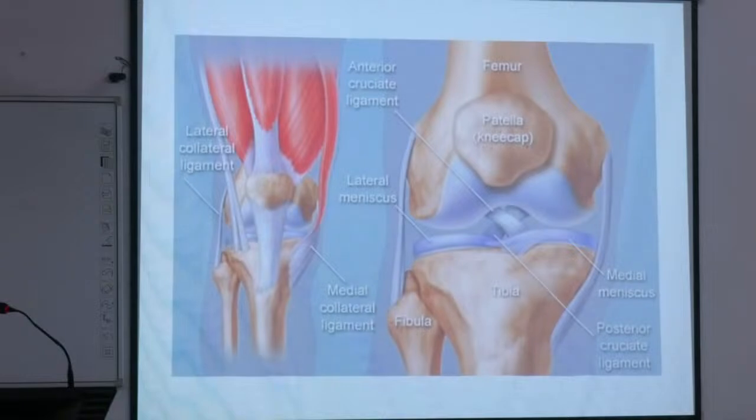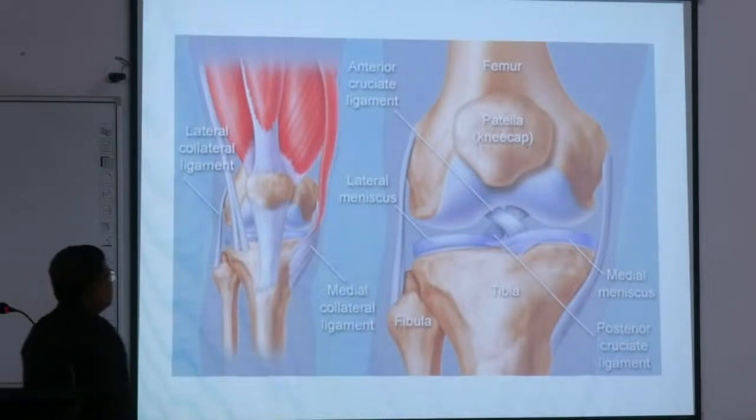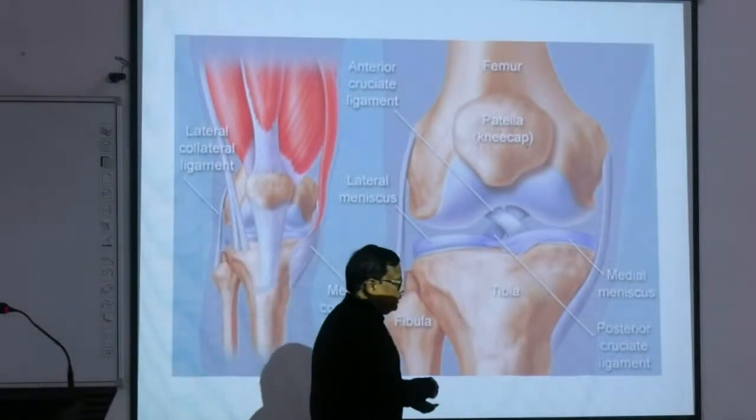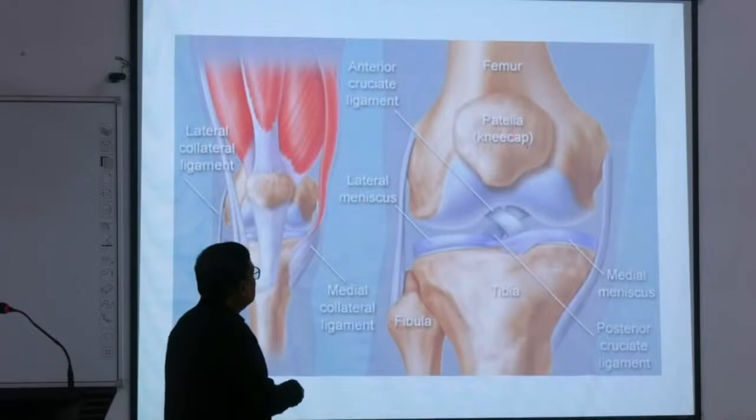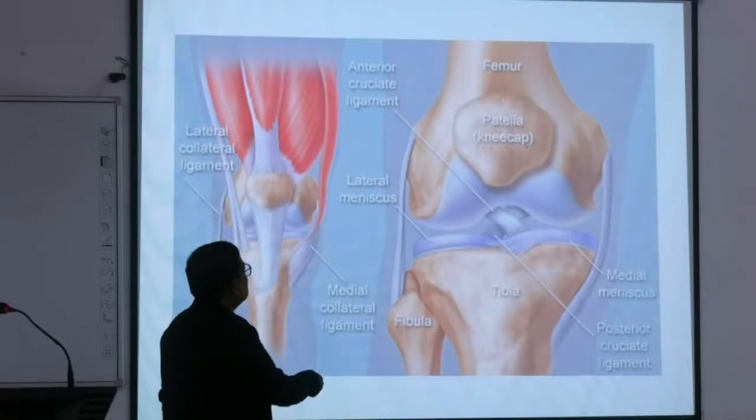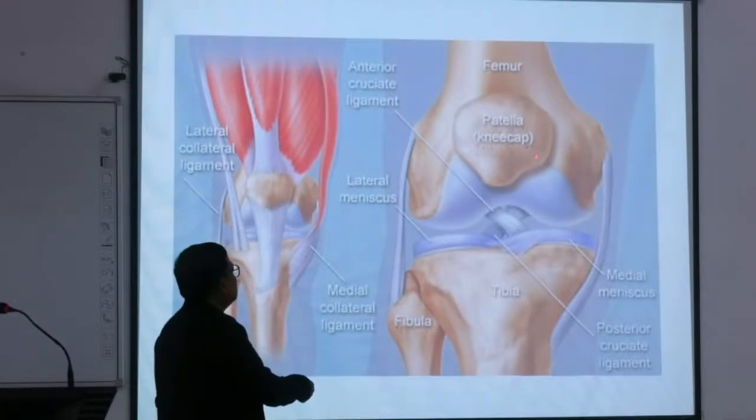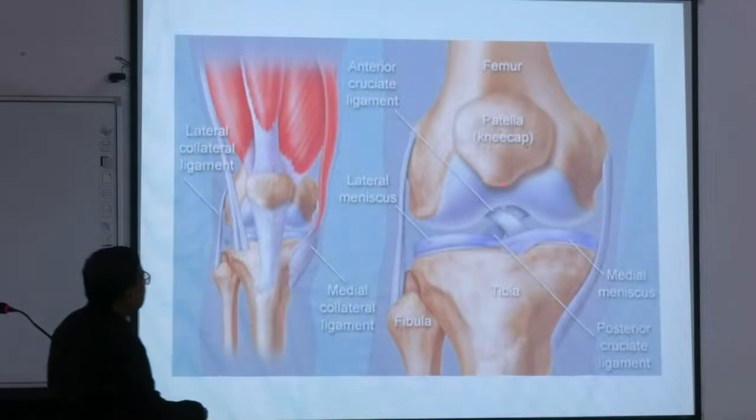These are the condyles of the femur: medial condyle and lateral condyle of the femur, this whole part. This is the medial condyle of the tibia, lateral condyle of the tibia, and also the posterior surface of the patella. And these are the articulating areas.